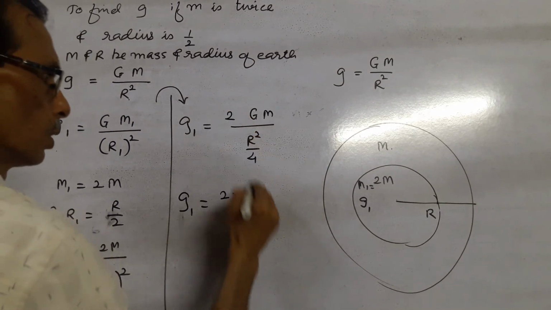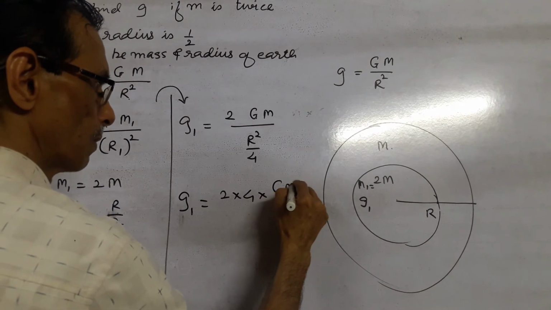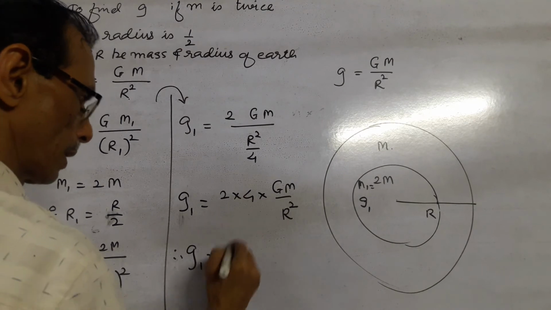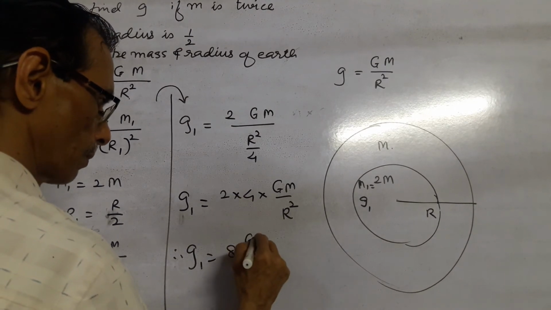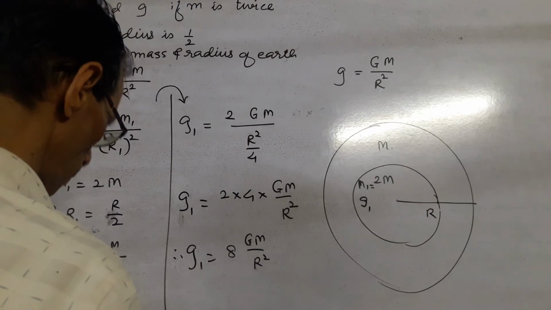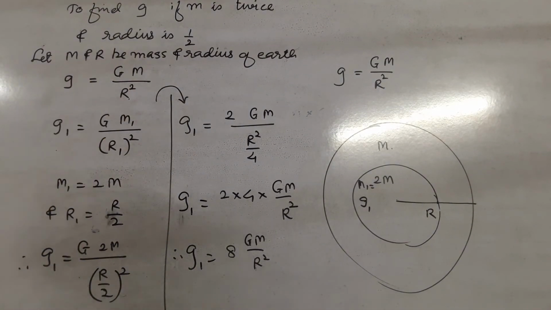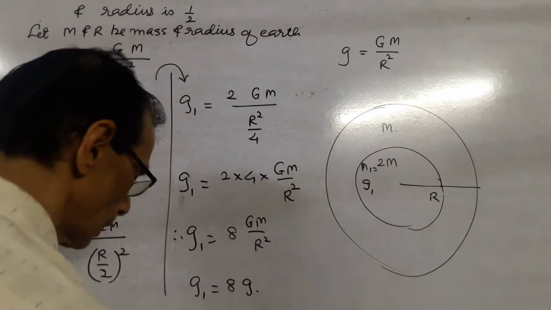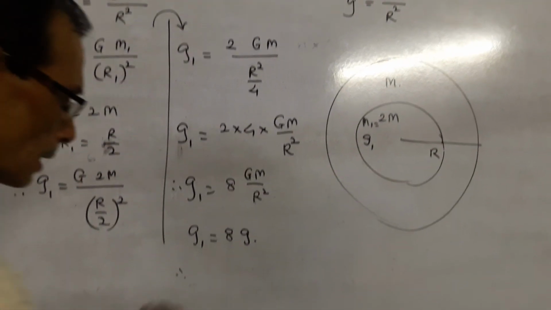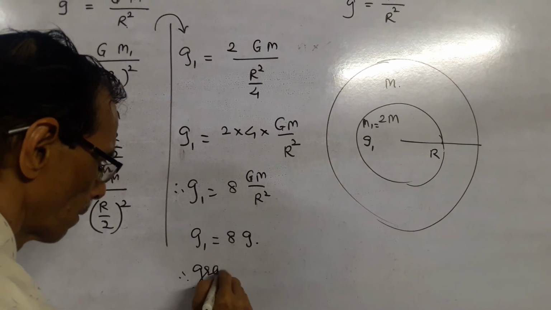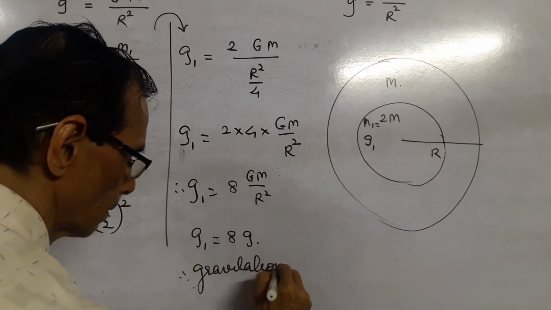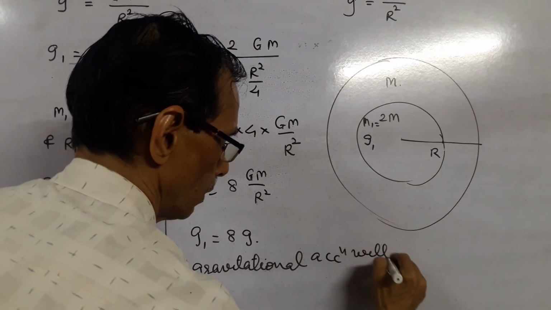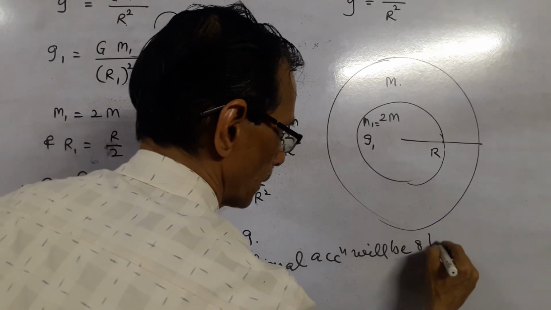Now 4 will go numerator into GM upon R square, and therefore g1 is equal to 8 GM upon R square, but GM upon R square is g, and therefore g1 is equal to 8 times of g, and therefore gravitational acceleration of that Earth will be 8 times.